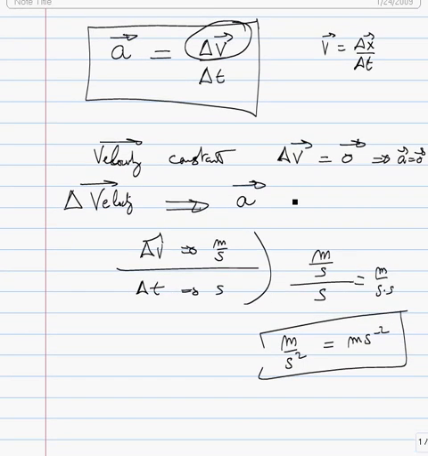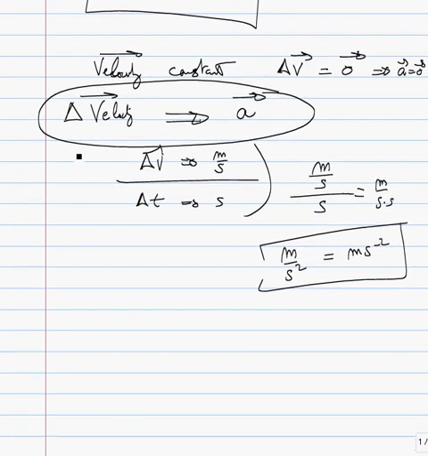Now we need to be very careful about what this means. Remember that the velocity is a vector. Therefore, it has magnitude and a direction. So when we say that there must be a change of velocity for an acceleration to be present, we mean there must be a change of its magnitude or a change of its direction.